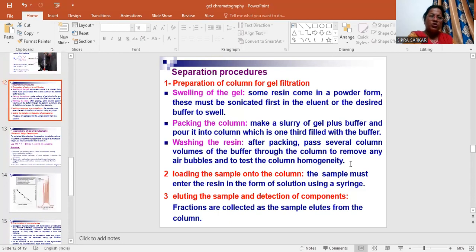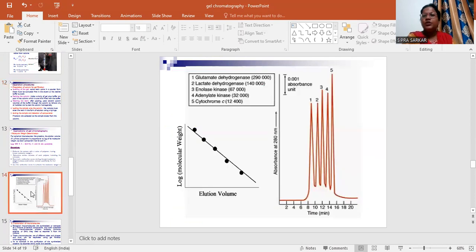Now the separation procedure, how it will work. Preparation of the column for gel filtration: first swelling of the gel, then packing of the column, then washing the resin, then loading the sample into the column, then eluting the sample and detection of the compound. These are the general principles followed everywhere in chromatography. Here you can see the graphical representation of elution volume, with glutamate dehydrogenase, enolase, and lactate dehydrogenase.